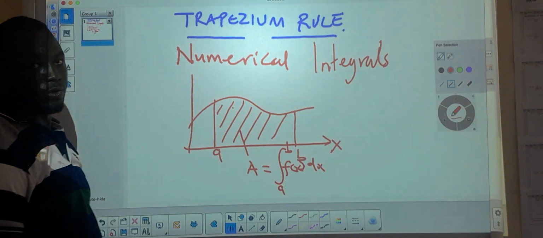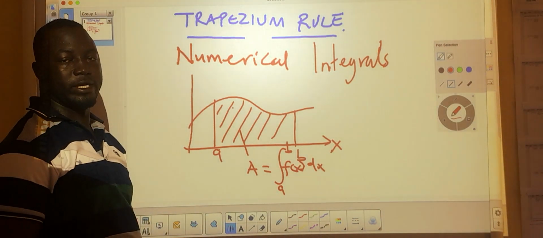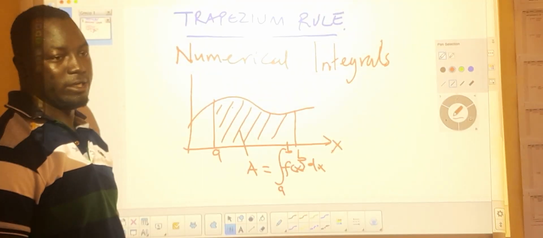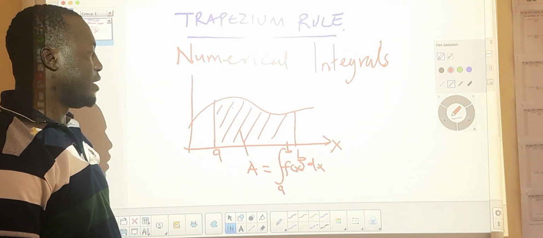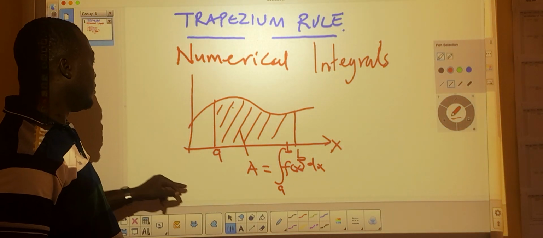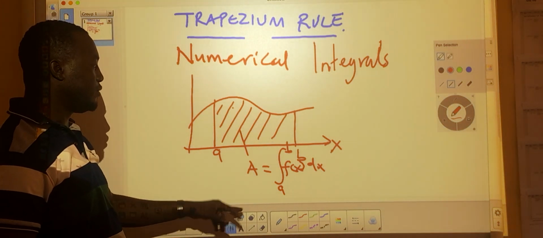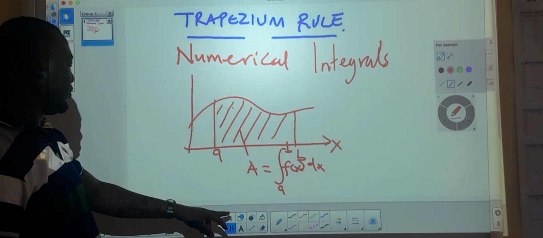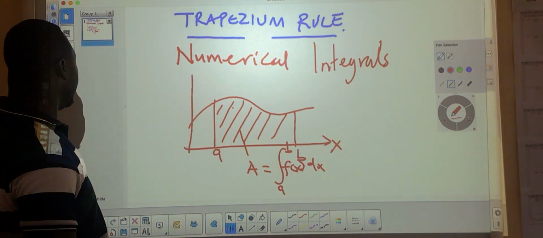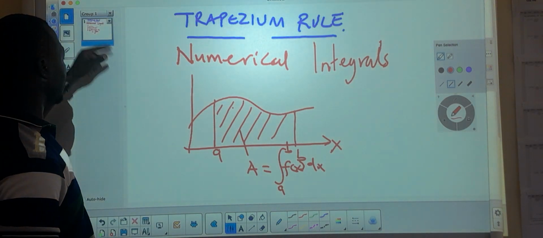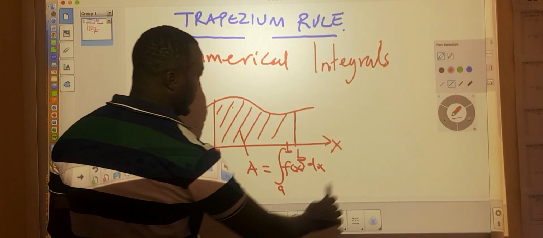Now, sometimes we have functions which are very complex, and then we may not use the direct method. It will be so bulky, and therefore we employ numerical method techniques in order to find the value of that integral. There is a formula that we use for the numerical method.